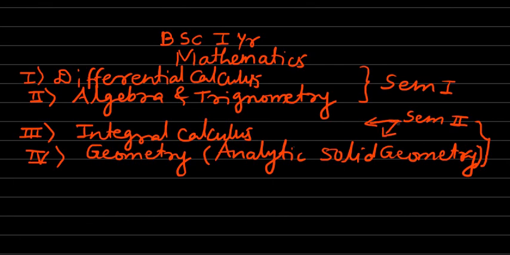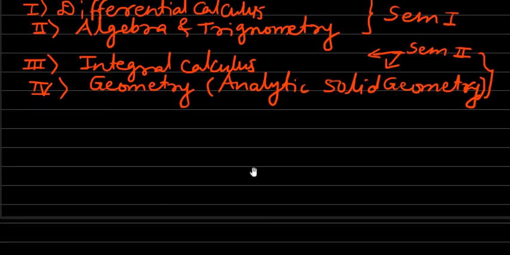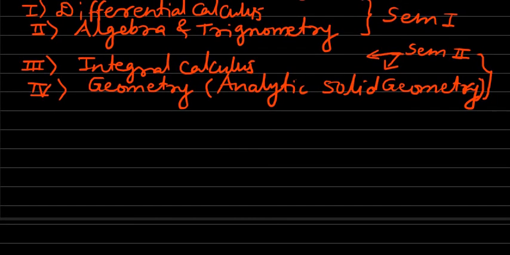As you know, each paper of mathematics, right from BSc first year up to BSc third year, comprises 4 units.